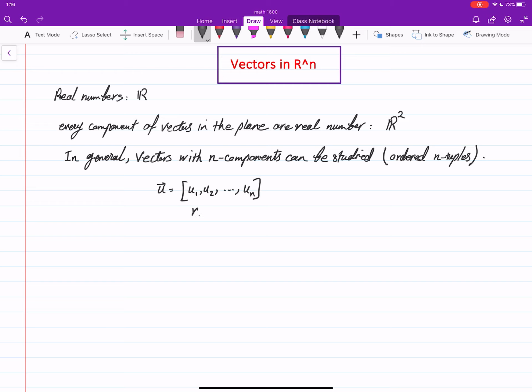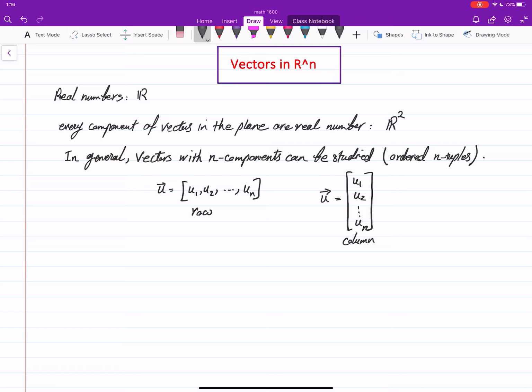This is in row notation, and in the column version we also have u1, u2 up to un. This is the column version, and you'll see me using both of them.